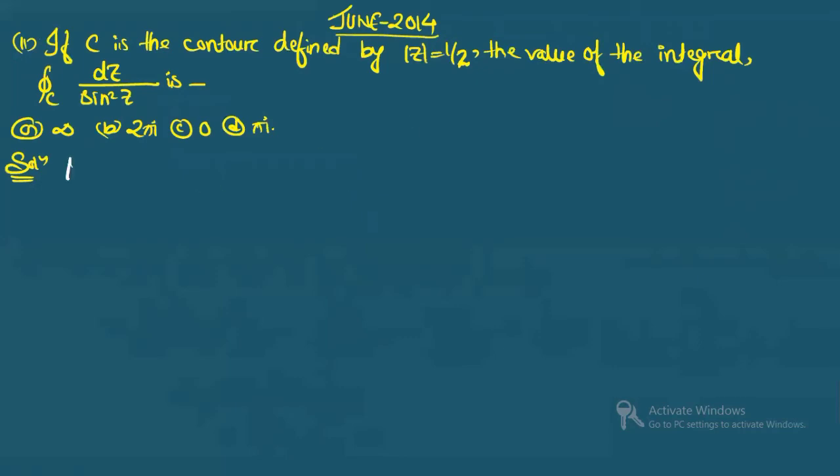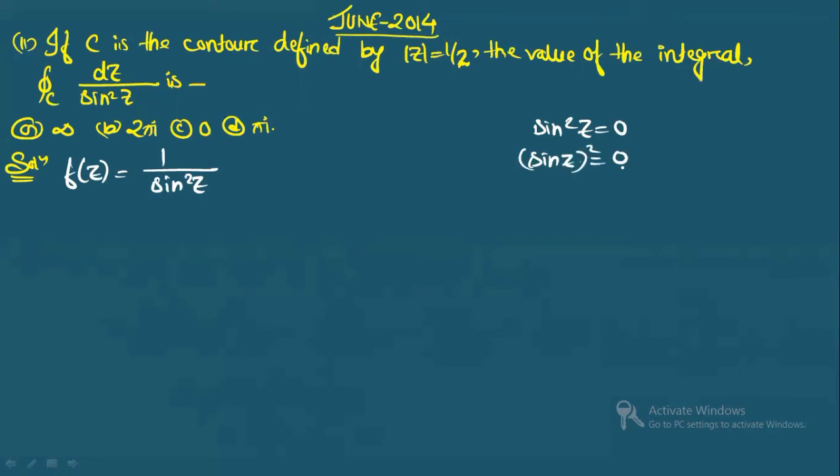The function f(z) equals 1 by sine square z. To find the pole, you will write sine square z equals 0. Directly you will get (sine z) whole square equals 0. And you know sine n pi equals 0, right? So you can write it as what?